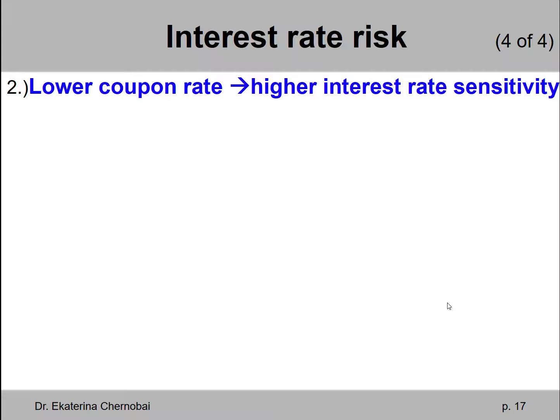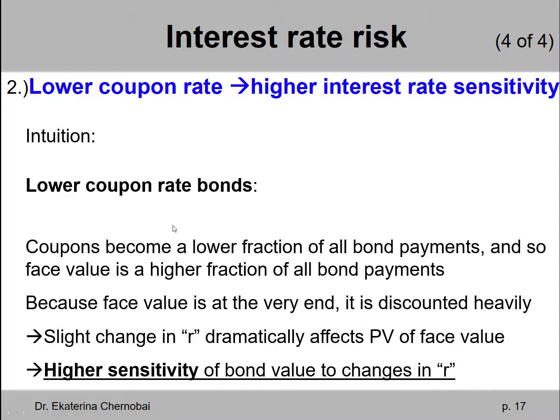Turns out there is another factor that plays a role. We get exactly the same higher sensitivity of bond value to interest rate changes if we have a bond with a lower coupon rate. And actually, the intuition is exactly the same as earlier with longer-term bonds.